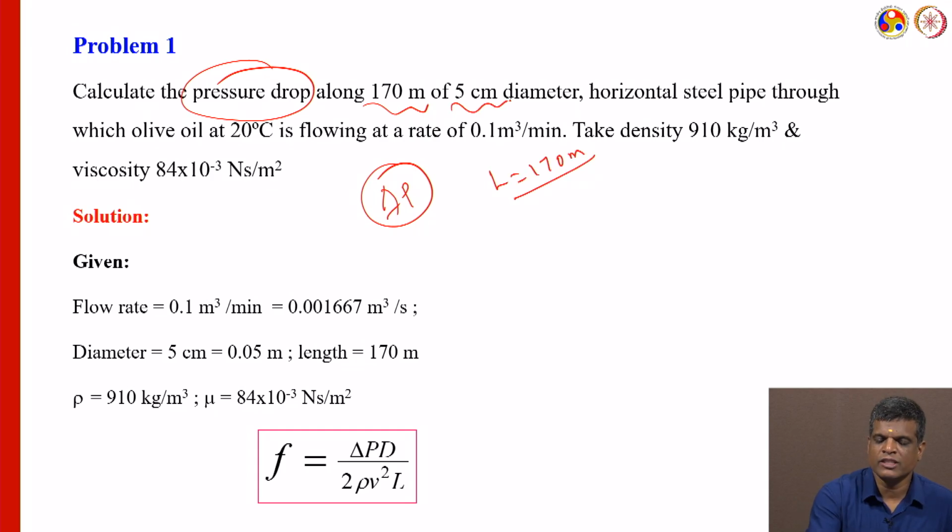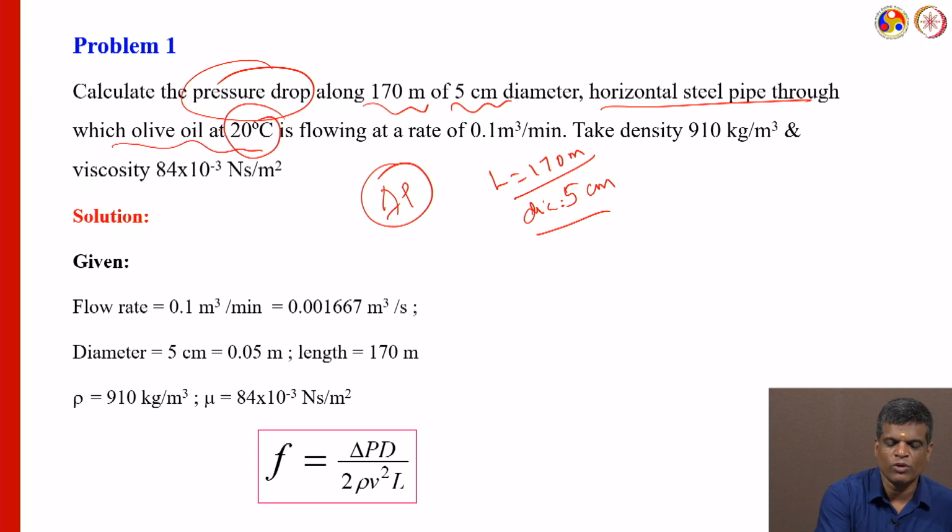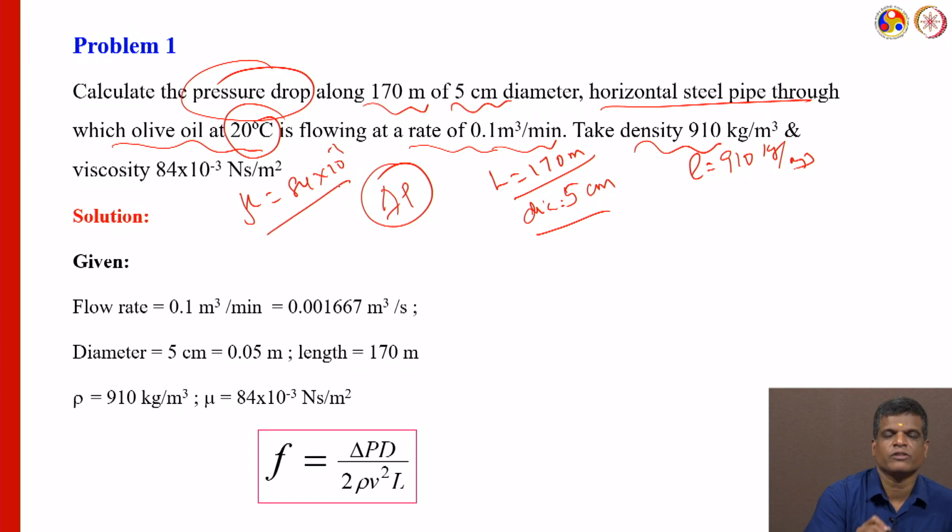The diameter is 5 centimeters. It is a horizontal steel pipe through which oil at a temperature of 20 degrees is flowing at a rate of 0.1 meter cube per minute. The density rho is 910 kg per meter cube, and the viscosity is 84 into 10 power minus 3.